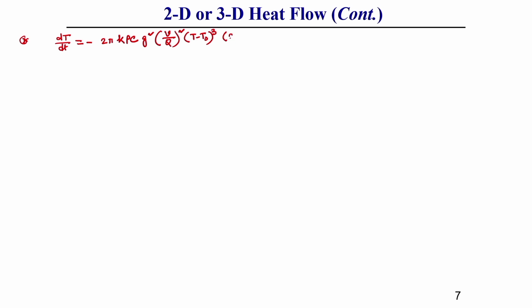This is for the two dimensional case, and I am directly writing another equation for the three dimensional case, dT by dt is equal to minus 2 pi k v by q, (T minus T0) whole square.